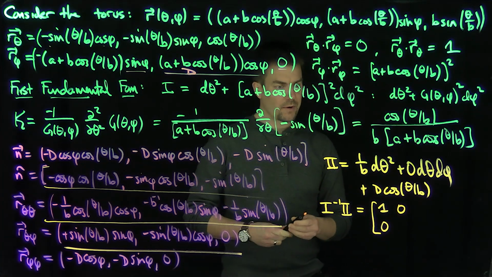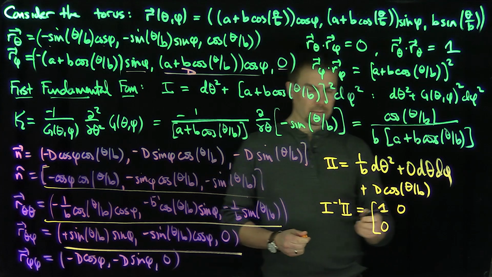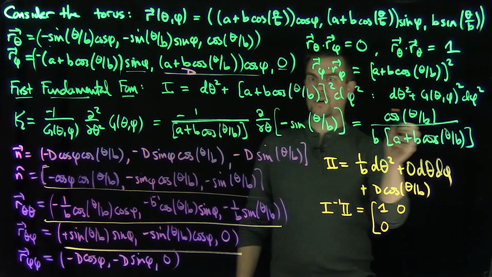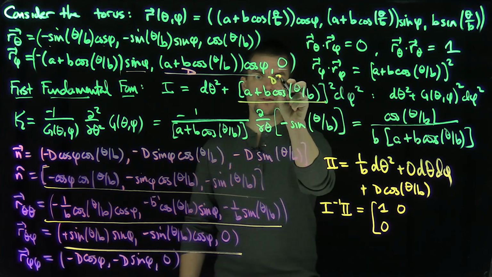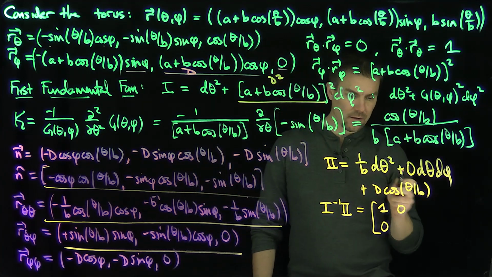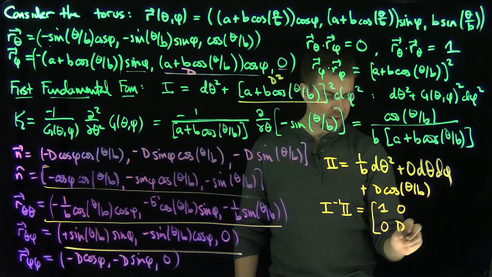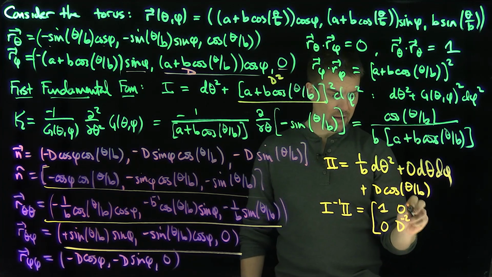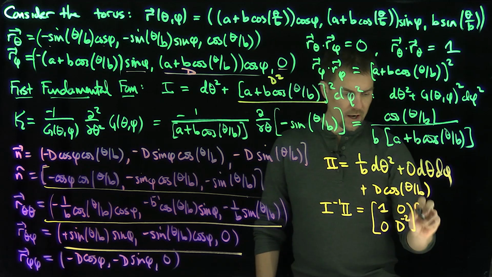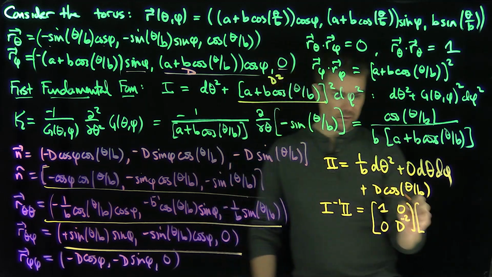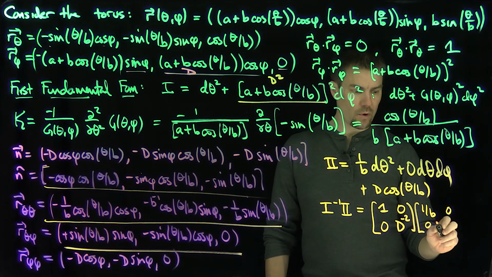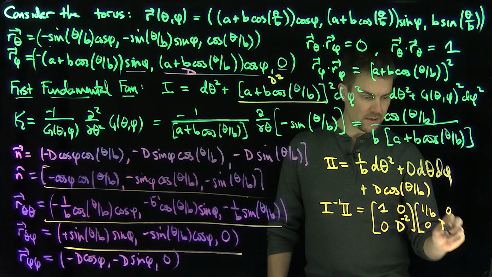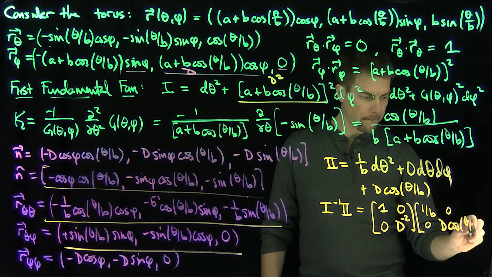And then we're going to have the inverse of this thing. This was like my factor d, right? So I'm calling this the same thing as d squared over here, so I had to put a d to the negative 1 and another d to the negative 1, so that's going to be a d to the negative 2, right? That's the inverse of the first fundamental form, and the second fundamental form is given by this expression over here. So this is going to be a 1 over b, 0, 0, and then a cosine of theta times d, d cosine of theta over b.